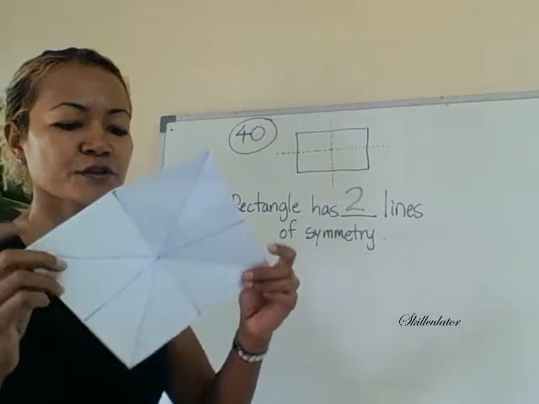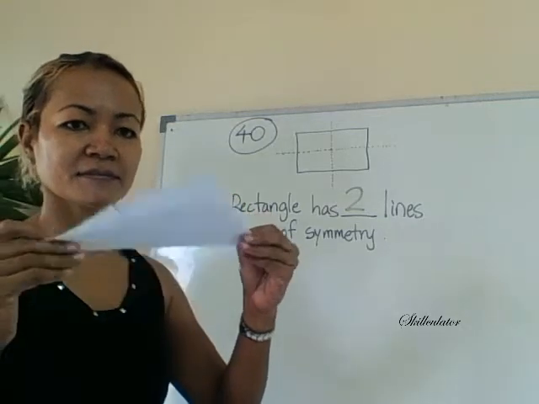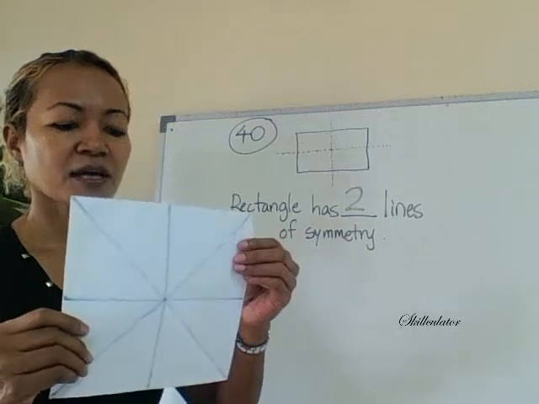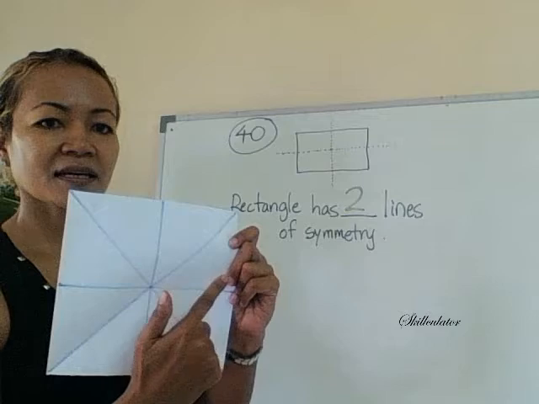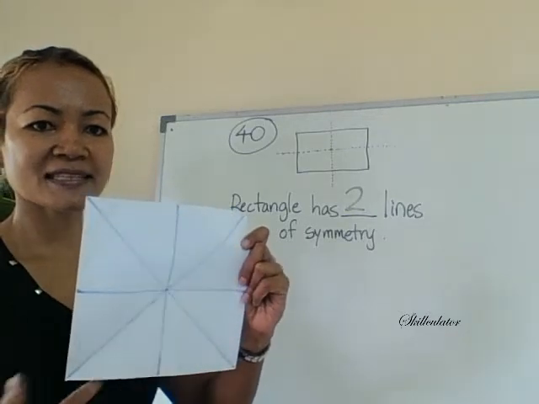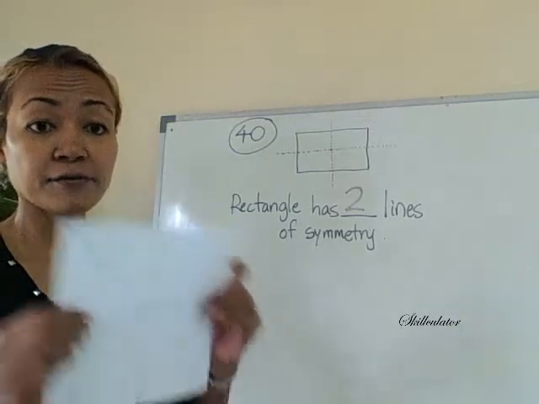And if you try and fold it along the other diagonal, same story. Right? Matches exactly. They're symmetrical. So with a square, you actually have 1, 2, and the extra 2, this and this along the diagonals. So you actually have 4 for a square.